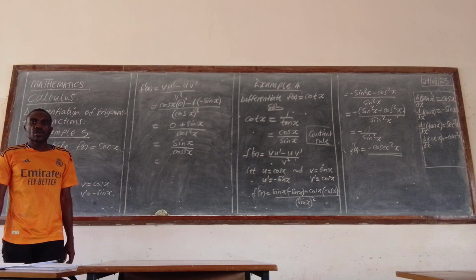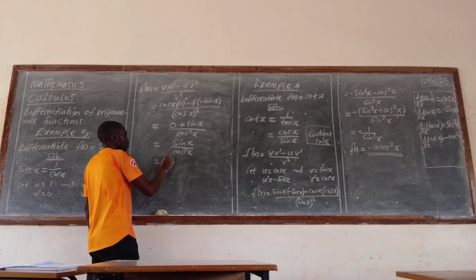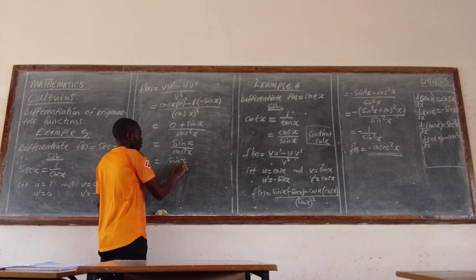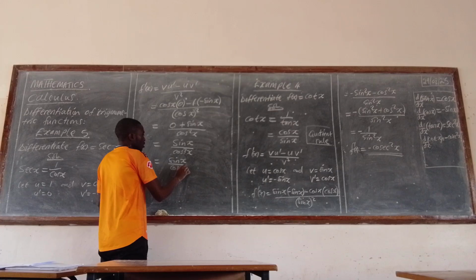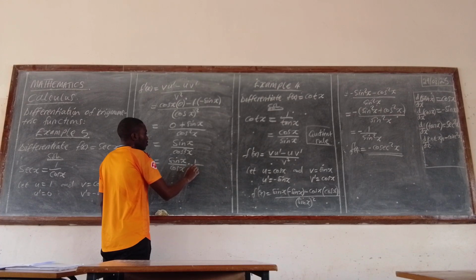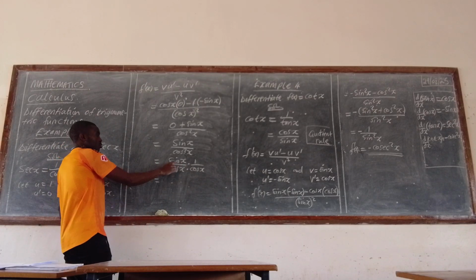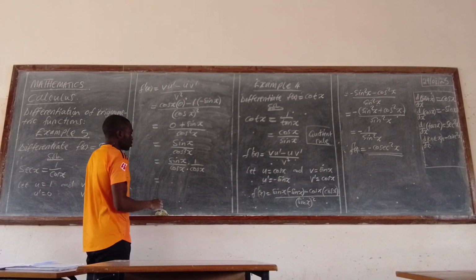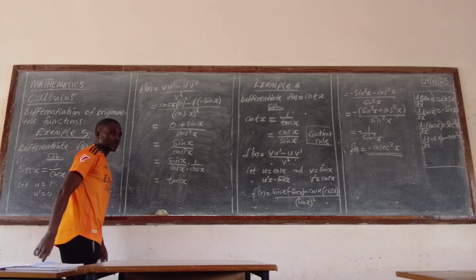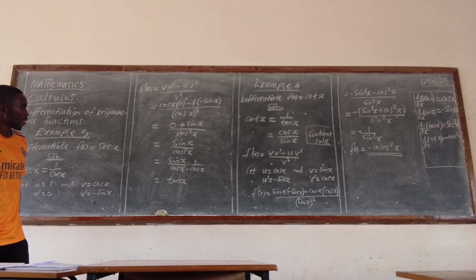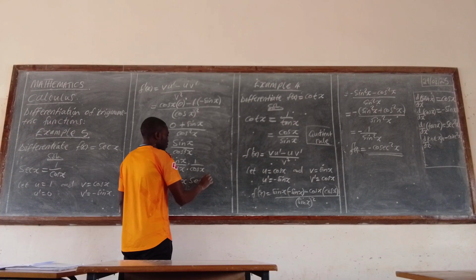And this, the denominator can be separated, where we're going to have sin x divided by cos x. Then we can say this is 1 divided by cos x, like that. This one we know from our identities to say this is our tan x. And this one we know, this is simply sec x.